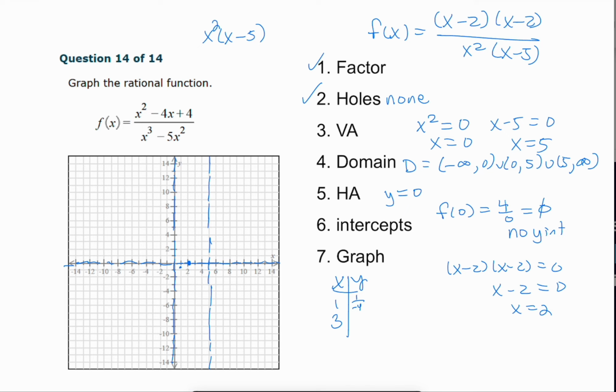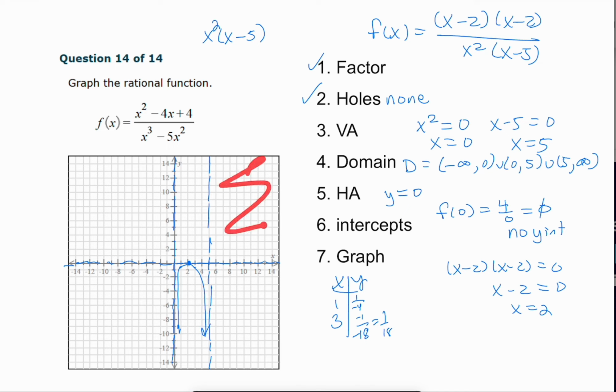If you plug in 3, you're going to get 9 minus 12 plus 4, which is -1, and then 27 minus 45 is -18. And so that's 1/18. So we know we're down here.